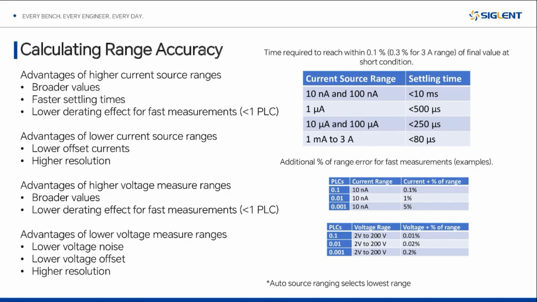So before we talk too much about how we use these instruments and where, I think it's worth talking about how you calculate accuracy and what accuracy really means in an instrument like this, because you've got accuracies both on the source side and the measure side, and you have a complex set of ranging and calculation issues.